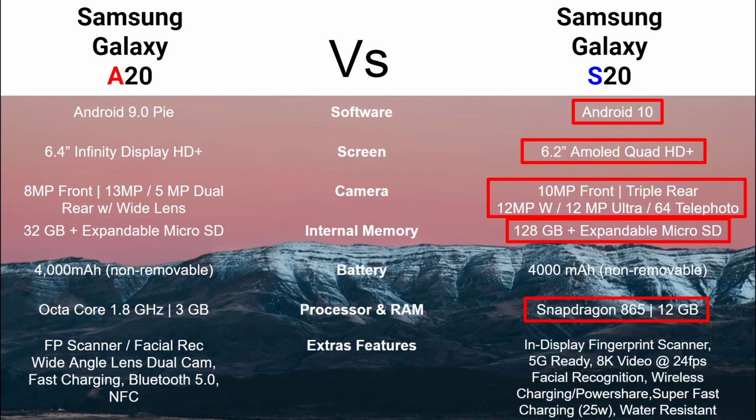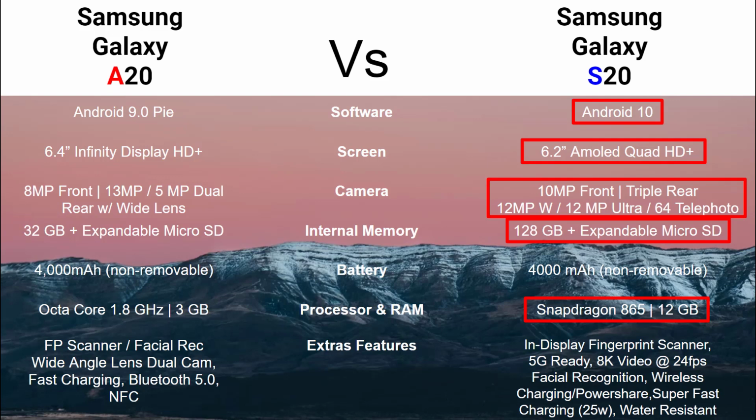Now in terms of extra features, this is where the S20 really does shine over the A20. So on the A20, you are getting fingerprint scanner, facial recognition, wide angle lens, dual camera, fast charging, Bluetooth 5.0, NFC. On the S20, you're getting an in-display fingerprint scanner. So that means the fingerprint scanner is on the front screen.